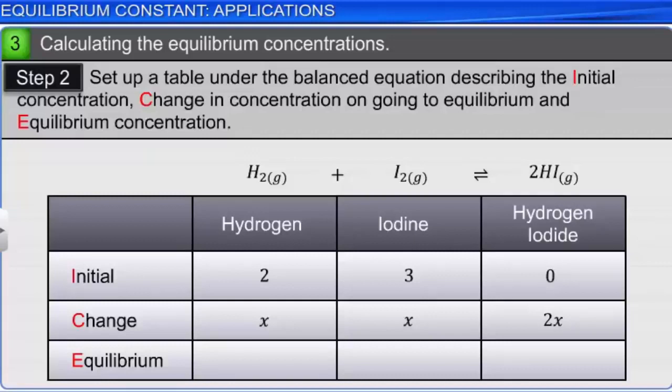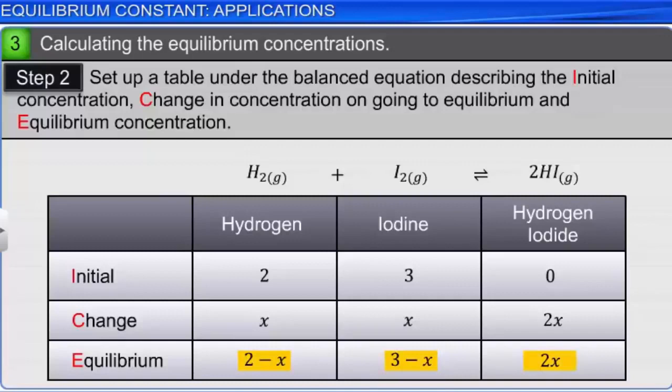Let X moles of hydrogen and X moles of iodine combine to give 2X moles of hydrogen iodide as shown in the balanced equation. At equilibrium, the concentrations of hydrogen, iodine and hydrogen iodide will be 2 minus X, 3 minus X and 2X respectively.